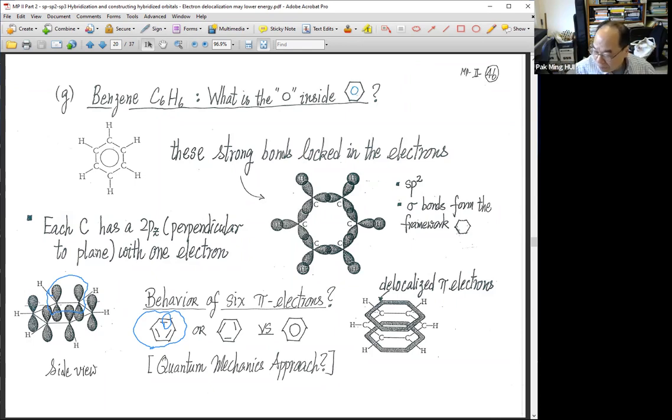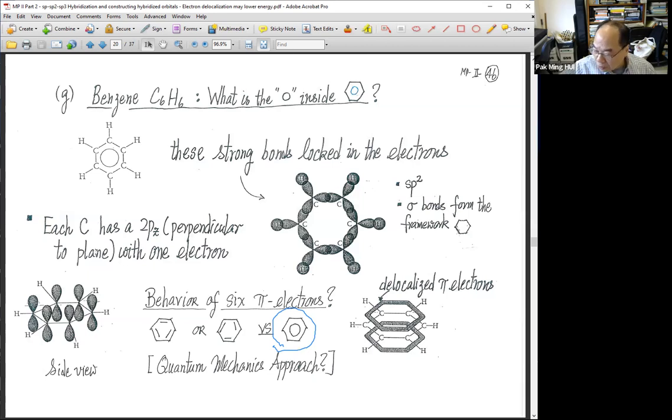Therefore, you will have 3 double bonds like this. But once you draw this out, you may wonder, it will be the same as this, okay? Because these two may as well form a pi bond. Then, in more modern books, you will see this one with a small circle in the middle.